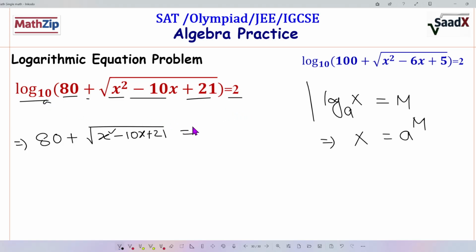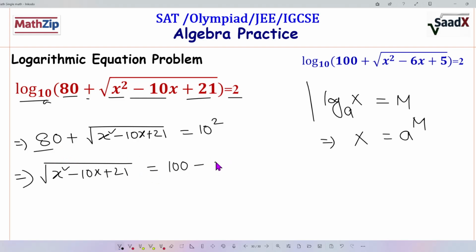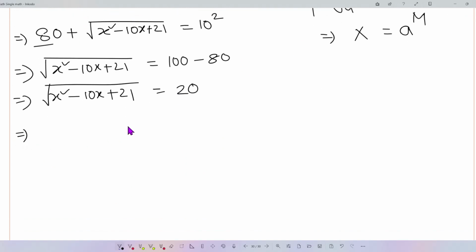A is the base 10, it means 10 to the power 2. So we can write root over x square minus 10x plus 21 equals 10 square, which means 100, and here plus 80 will become minus 80. So root over x square minus 10x plus 21 equals 100 minus 80, which will be 20. Now we can square both sides.